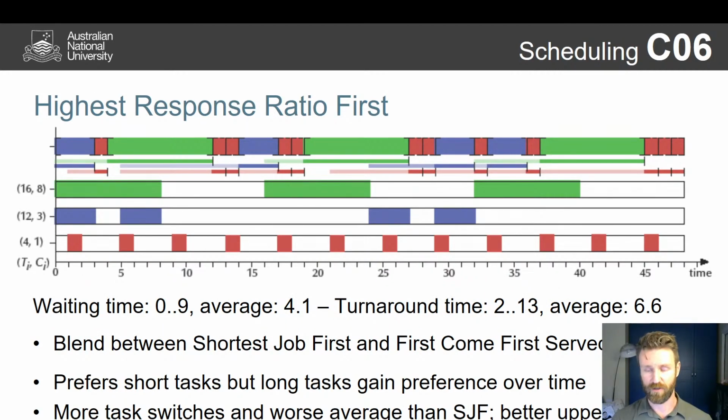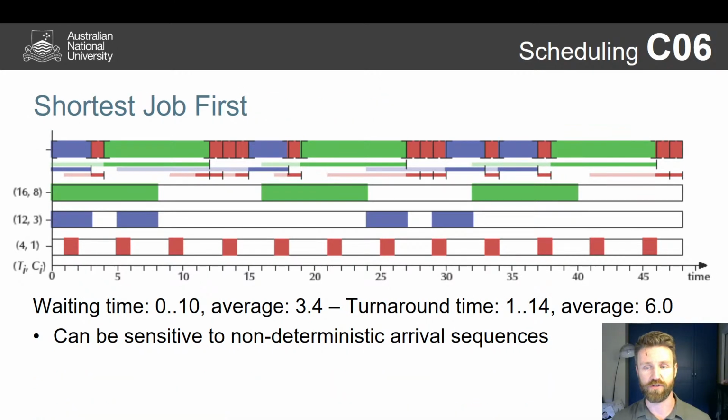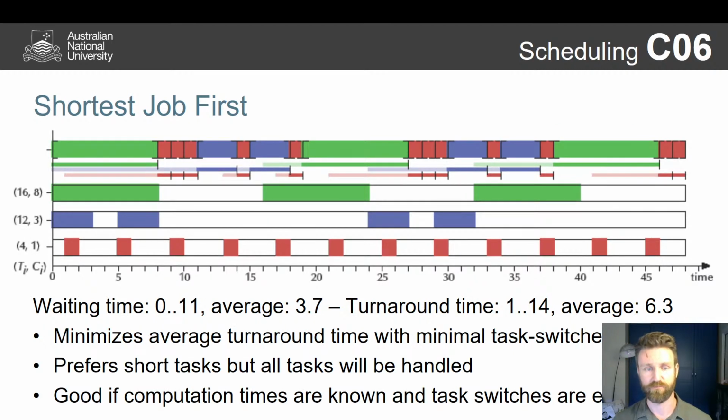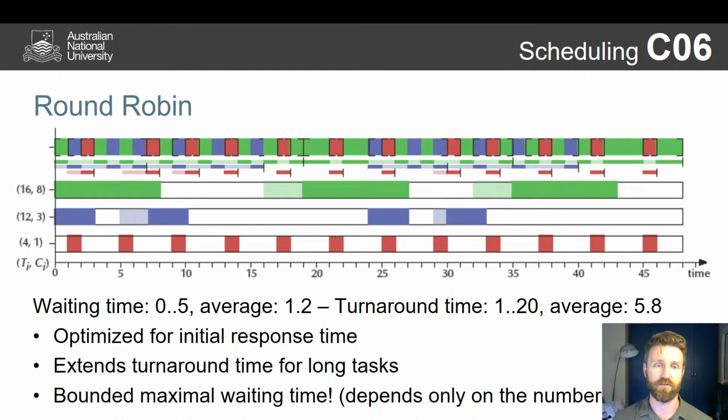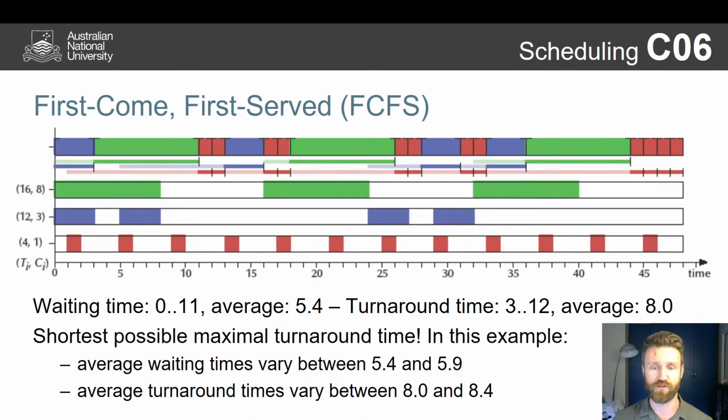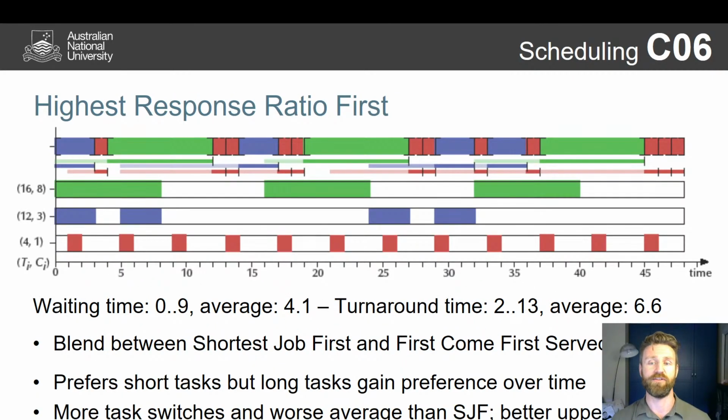Okay, so shortest job first seemed to give us a nice property on average turnaround time, and first come, first served gave us a nice property on our maximal turnaround time. It gave us a short maximal turnaround time. So we might want to try and combine these two, and find a nice intermediate point between them.